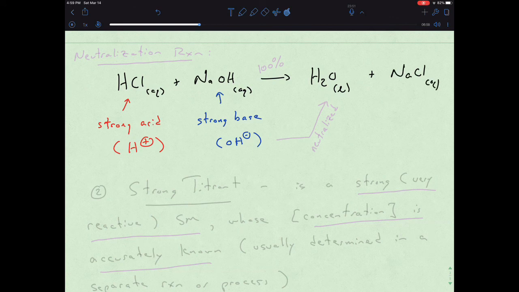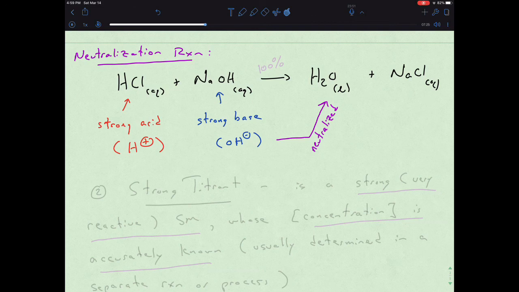So this is that neutralization reaction. The H plus and the OH minus react, and we're neutralized to basically make our H2O.